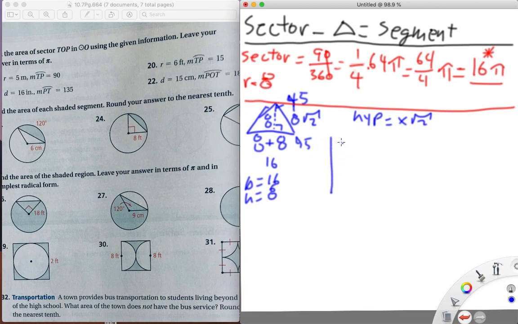So our area of a triangle is going to be 1/2 base times height, which is 1/2 16 times 8, which is 8 times 8, which is 64.